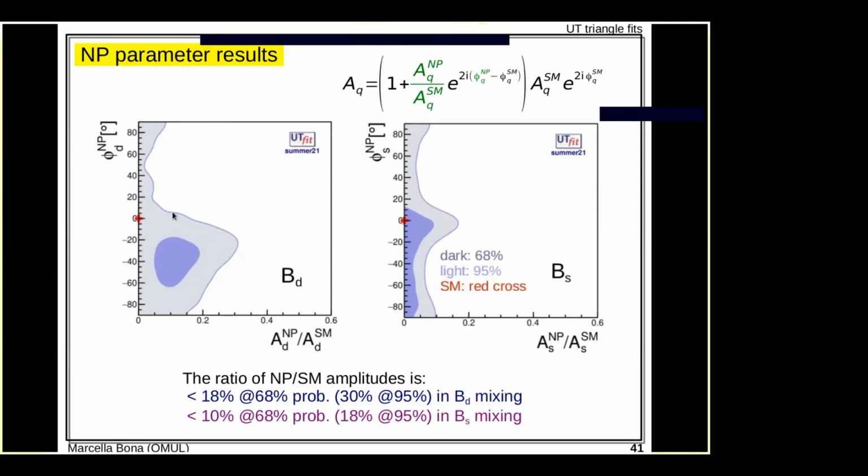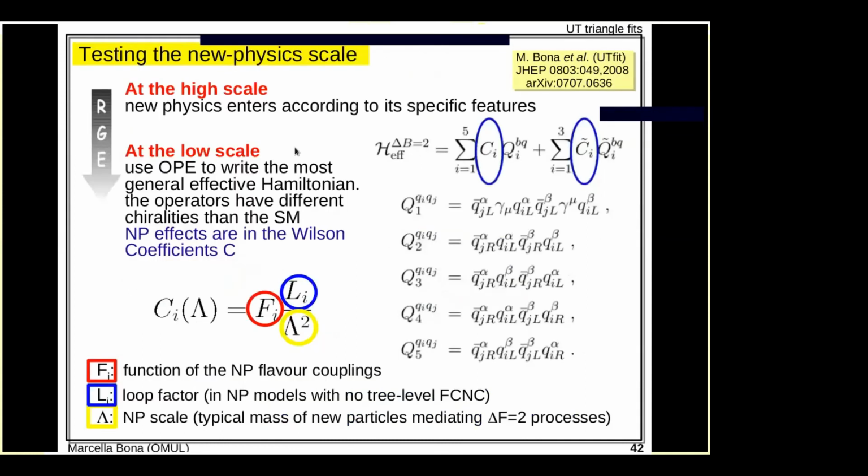And this gives you a little bit of an idea of how big the new physics contribution can still be, even if our fit is actually very standard model at this point, okay? And so you see that, of course, it's very limited in the B sub S because it is now rather precise, but there is a little bit more space, let's say 30% possibility for the B sub D, of new physics contribution still, even with this very precise fit.